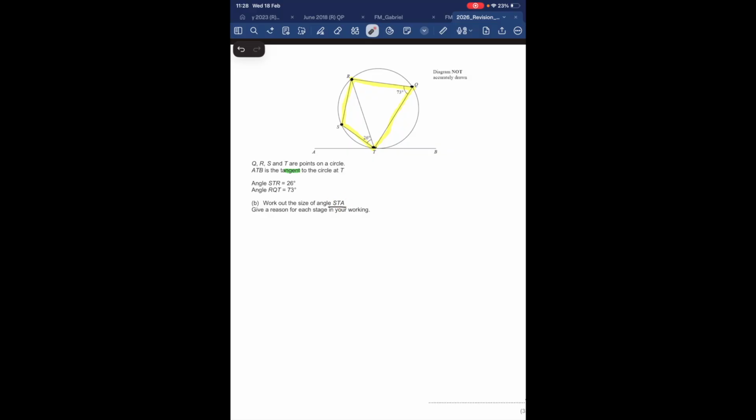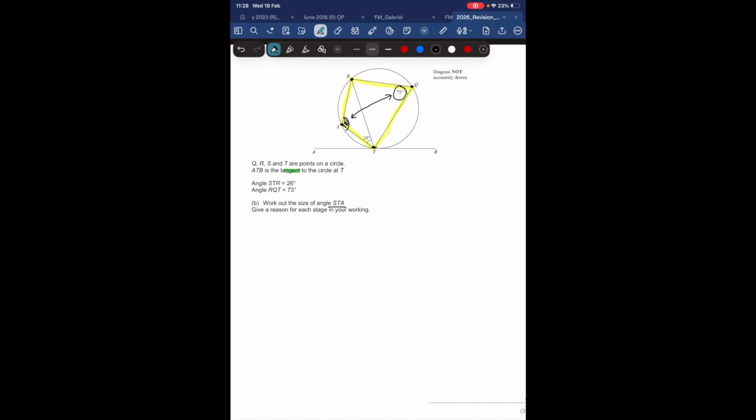Now, once you've spotted that this is a cyclic quadrilateral, the opposite angles have to add up to 180 degrees. So these two angles, which are directly opposite each other, the 73 degrees here and this angle here, have to add up to 180 degrees.